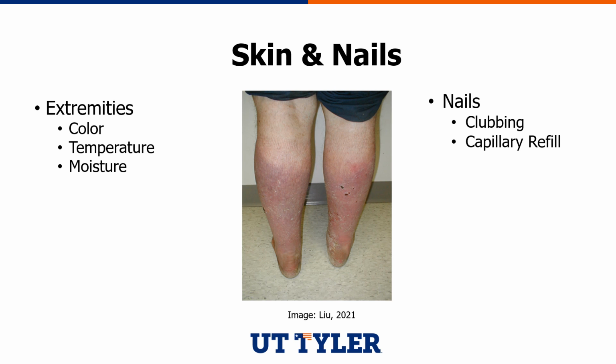When you pinch their fingernail, you're looking at how quickly the color returns to normal after it blanches, and you want that to be less than 3 seconds. And so when you look at your patient's skin, you're getting an idea of what's going on in their cardiovascular system and their pulmonary system and their neuro, right, if they're able to take care of themselves.